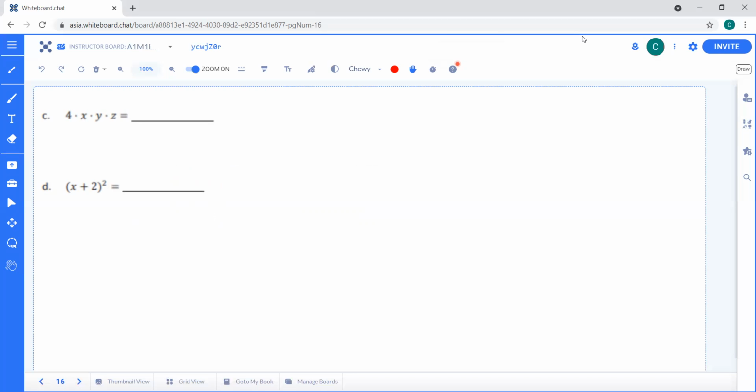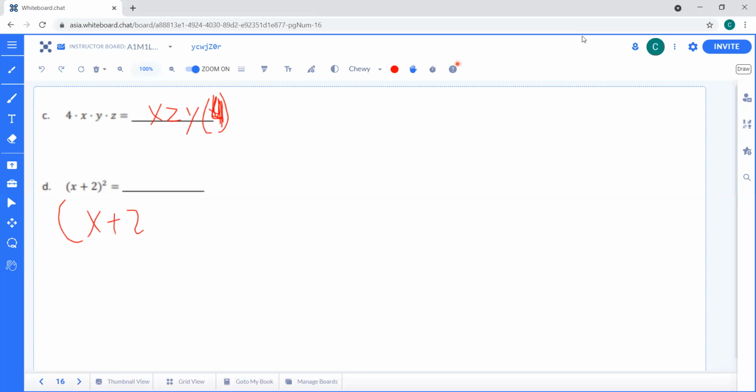So this is just multiplication, so we can maybe say, it doesn't matter. Just as long as you have x, z, y, and 4 in there, that's all the same thing. For D, okay, we can go ahead and do that.